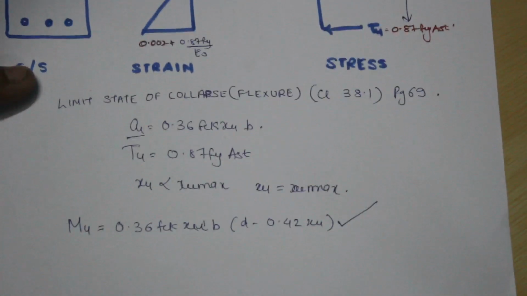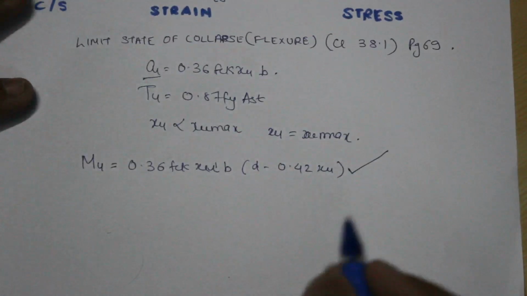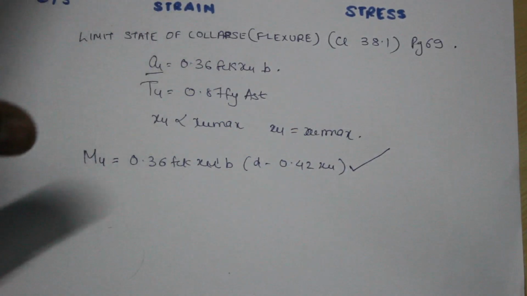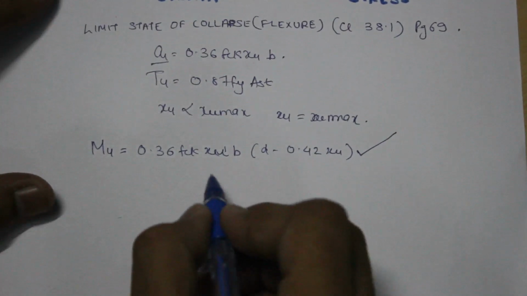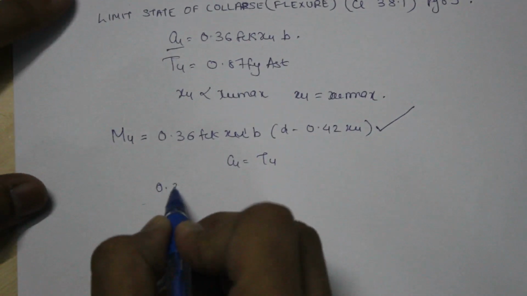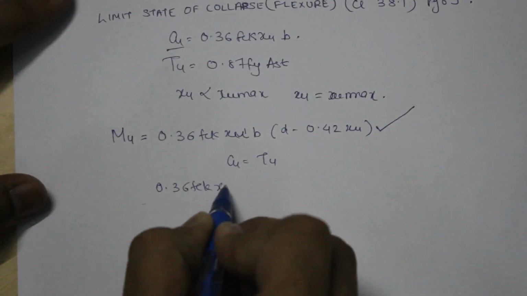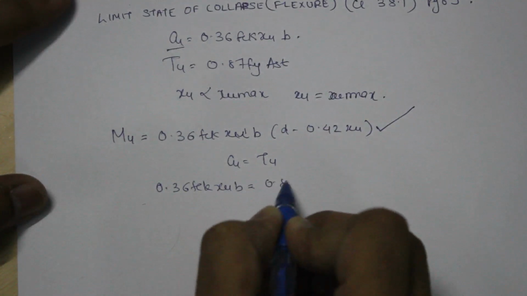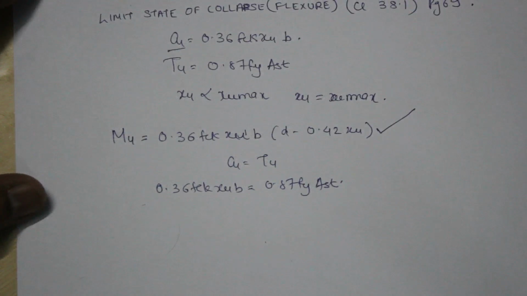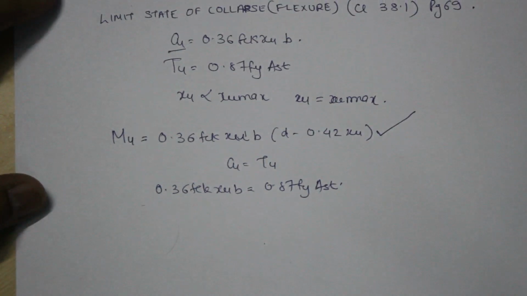Another equation you have to use is to equate the compressive force in concrete to the tension force in steel. That is Cu equals Tu, 0.36 FCK XUB equals 0.87 Fy AST, where AST is the area of tension steel.